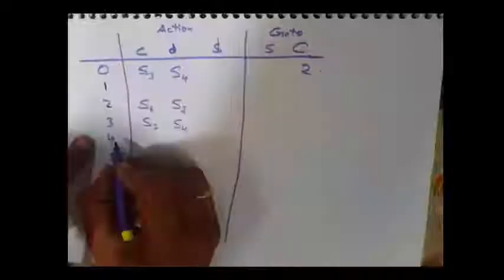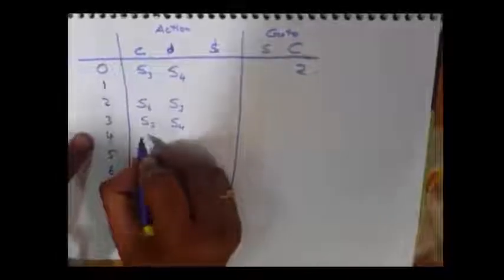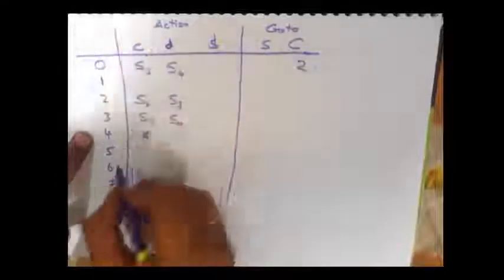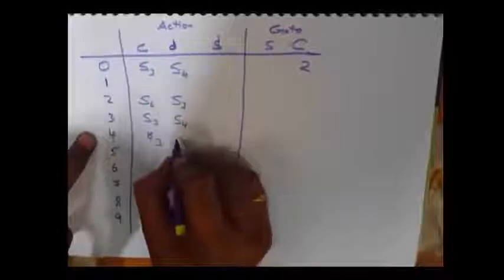And for the fourth state, we will get the reduce entries, which we name R. For these R, for the transition C from the fourth state, we can directly go to the third state, and for D also we go to the third state, and there are no others.